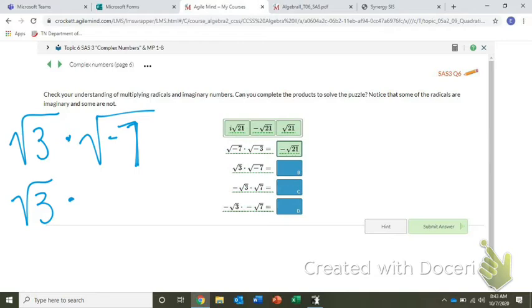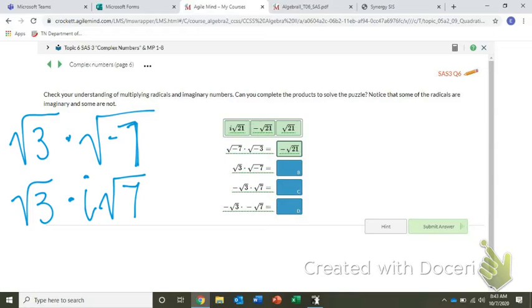What is the square root of negative 7? Can you take the square root of positive 7? Nope. So we're going to leave our square root, but we're going to put what on the outside? Now, we just combine.